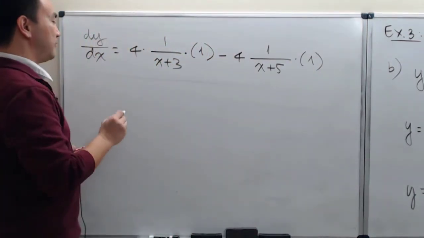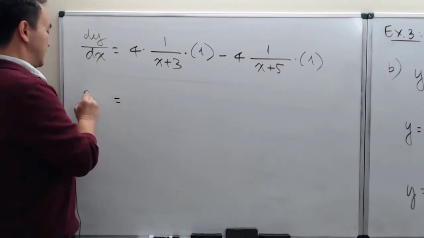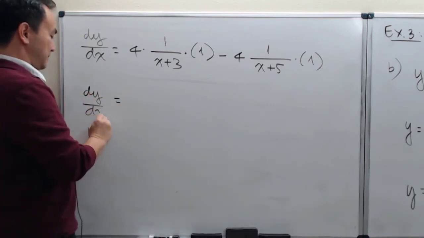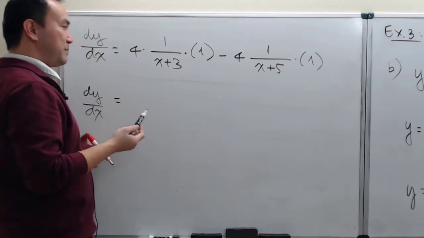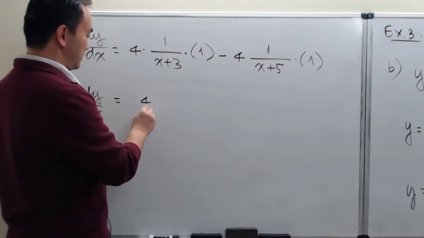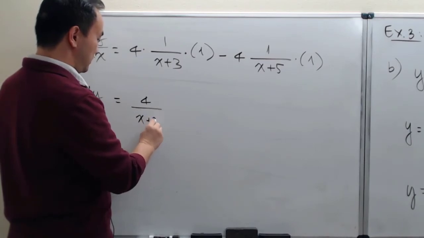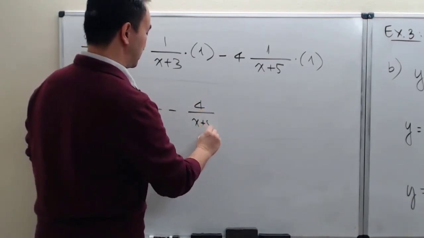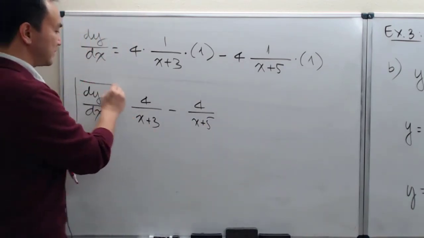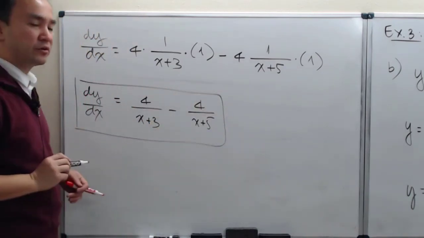And so now our final expression, we are ready for it. Our final dy dx, and this is already our derivative, but it would be a little better if we write it all as 4 over x plus 3 minus 4 over x plus 5. That's one way to write your final derivative.